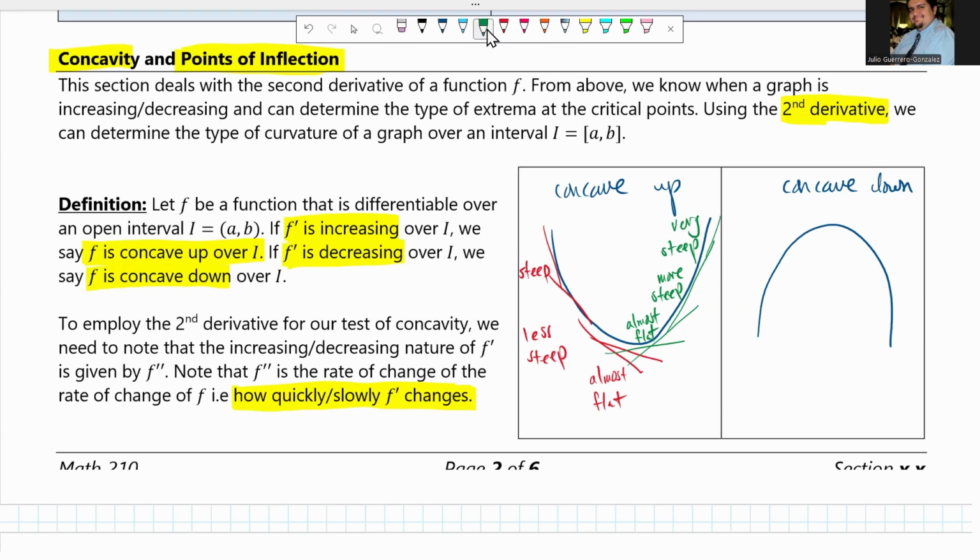So notice what happens over here. These slopes are very steep positive, and they're heading toward sort of flat values, right? Still positive, but they're heading toward smaller positive values. And then once you cross that maximum, those slopes become negative. They start out very small negative and start going to very big negative.